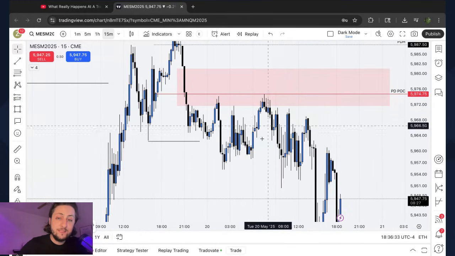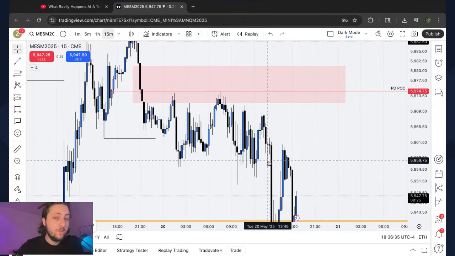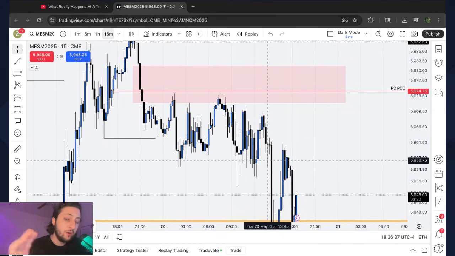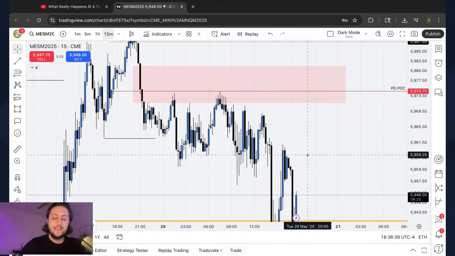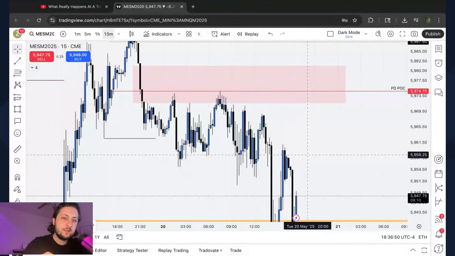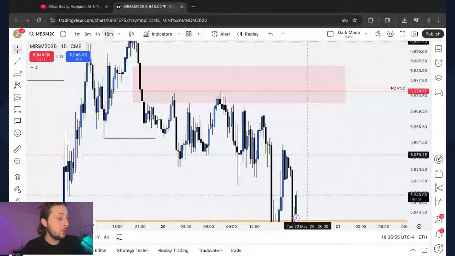If you don't know what an SMT divergence is, I'll link one of my SMT divergence videos, but for a very quick explanation, it is a simple price action divergence between correlating assets. So in this case, if you're trading the ES or the NQ, which is what most futures traders are using, you're going to use the NQ and the ES as your SMT divergence confirmation because they're correlating assets.